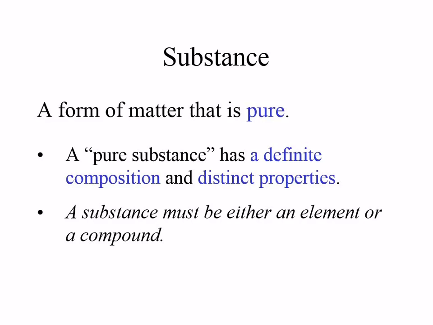Now this is in contrast to a mixture. We're going to see that with mixtures, it's up to the author of the mixture, so to speak, as to what percent of each type of pure substance they physically combine. So with mixtures, you don't know what you have unless somebody tells you.